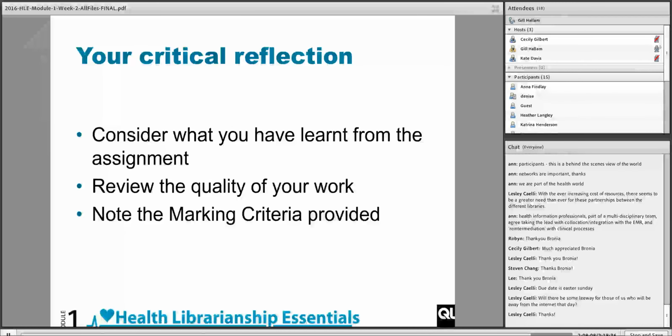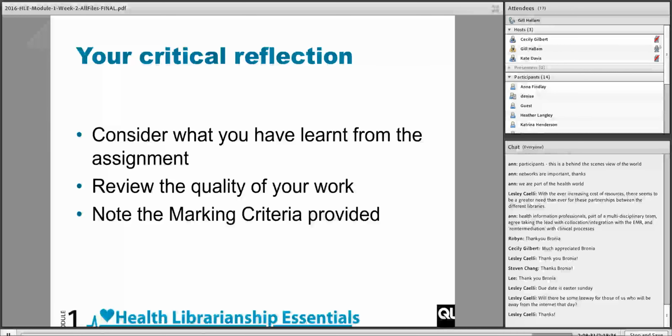And then critical reflection, this also might be a little bit new for some of you. We want you to think about what you've learned from the process. So it's about considering what your understandings were when you came into the course, the process of developing your questions, and your responses to the information that you've received.